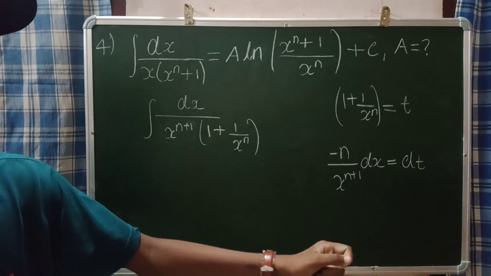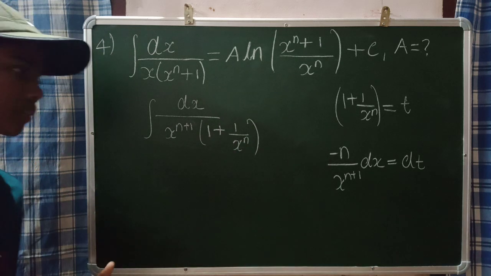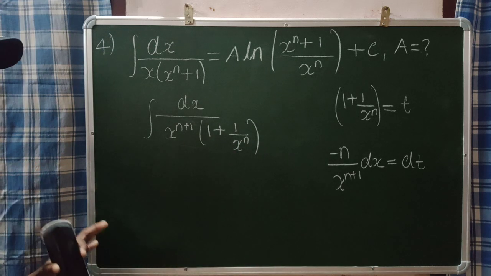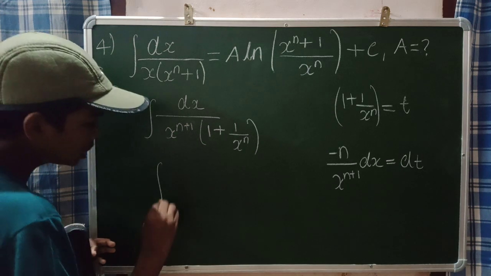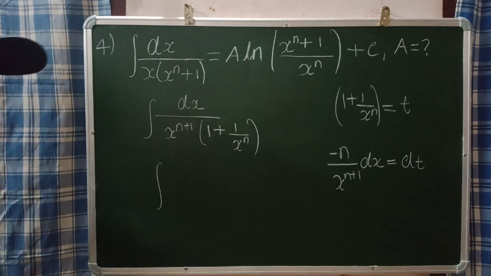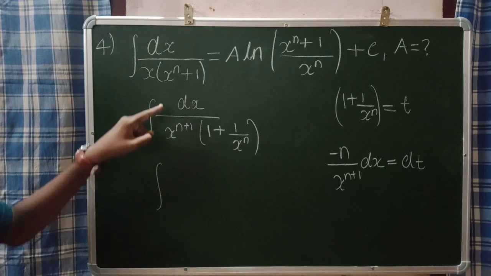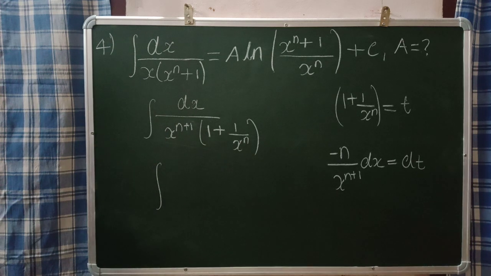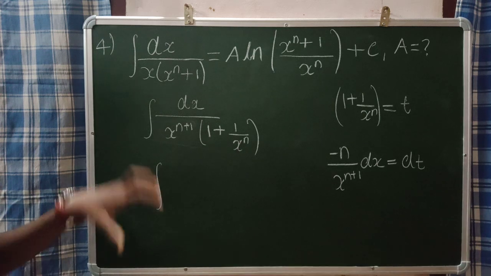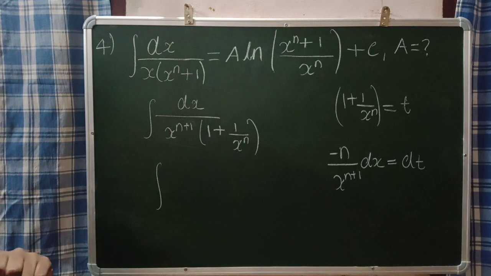Now let us substitute this value of t in this integral. So listen carefully, guys. When you substitute, what will you get? Here comes a very important part. Now we have dx by x^(n+1), right? Should I directly write it as dt?